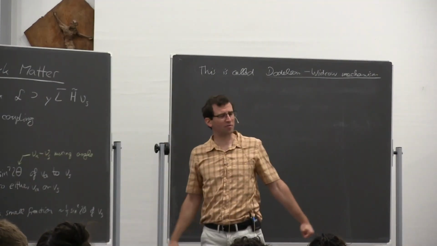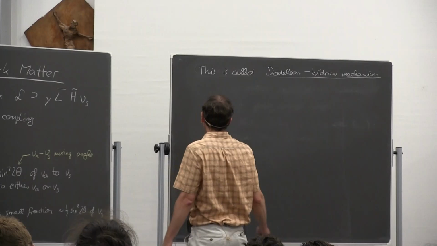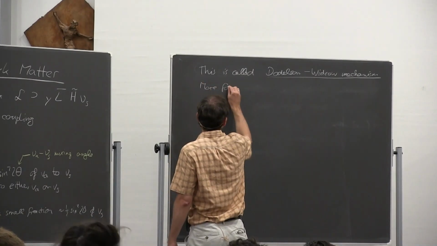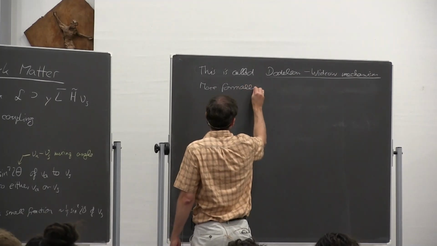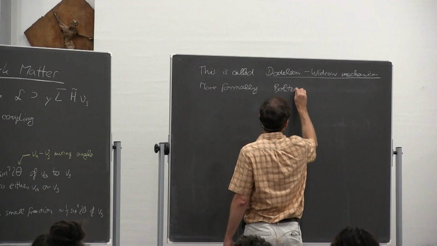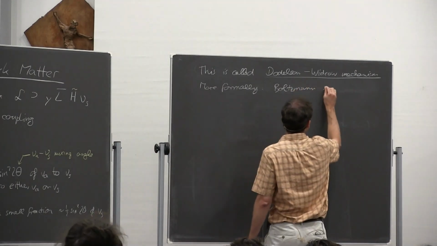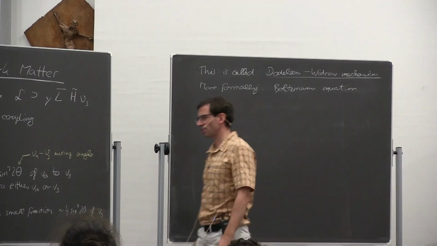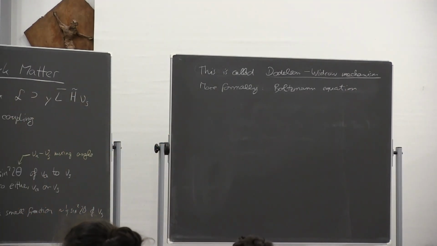Okay, now let's do this more formally. We start with the Boltzmann equation. Many processes in the early universe are described by a Boltzmann equation, and this one is no exception. As you know, the Boltzmann equation is an equation that describes the time evolution of a distribution function.